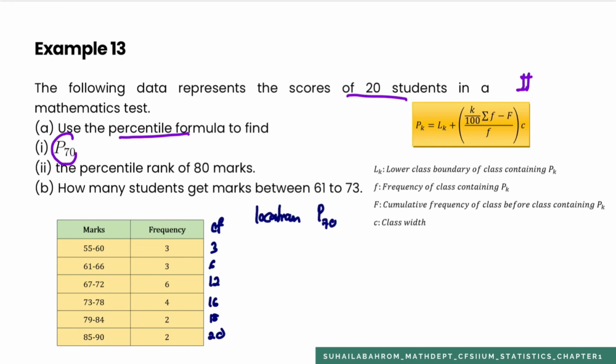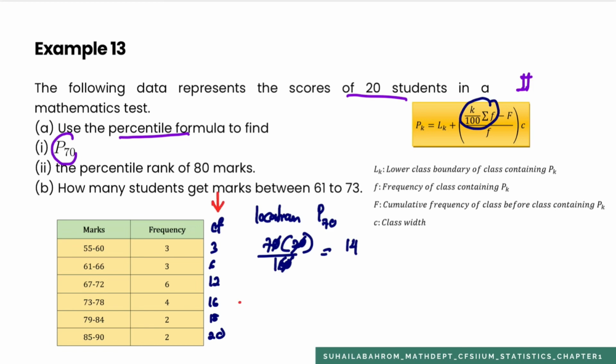How to find the location is by using this formula. So K is 70, times the total frequency here, which is 20, divided by 100. We will get 14. With the value of 14, you have to refer to the cumulative frequency.